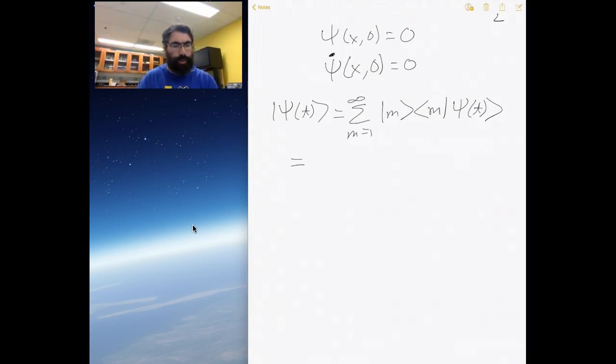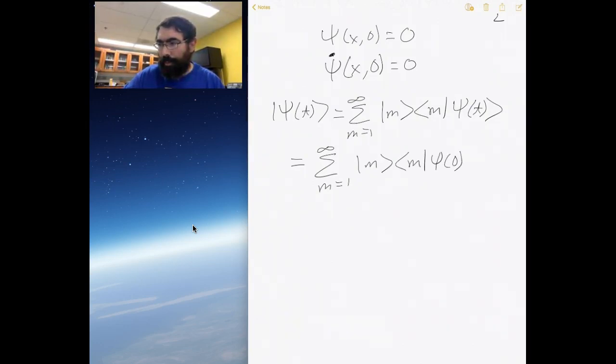And if we write this now in terms of the initial conditions, at time equals 0, times the cosine of omega m t, where omega m is now m pi over L.